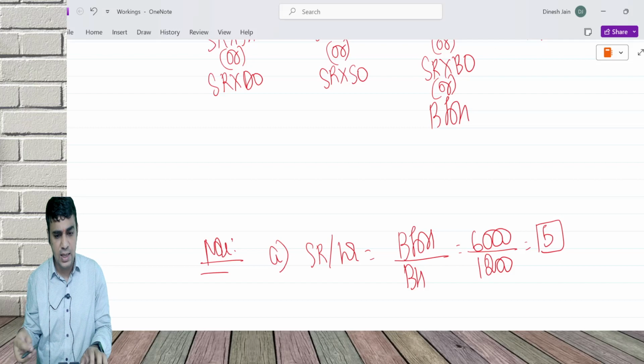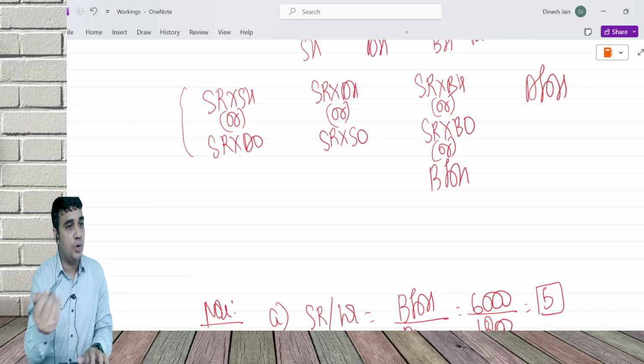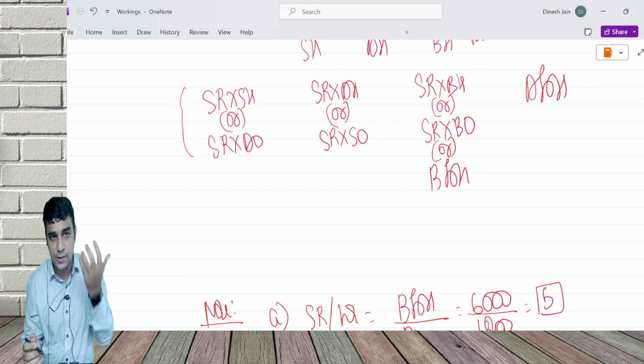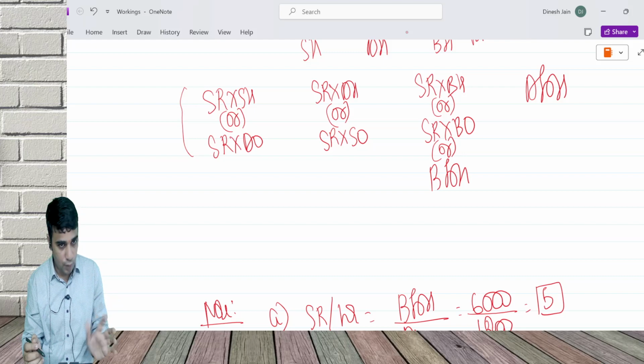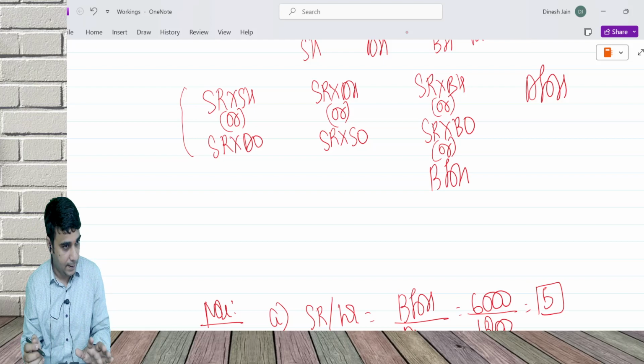Now, in the question, I am not sure what I'm going to use. Whether I'm going to use SR into SH or SR into AO, I don't know, because both are not there in the question. SH is not there, AO is not there, and in SR I have 5 rupees, but I don't know the SR per unit. So I'm leaving it for the time being.